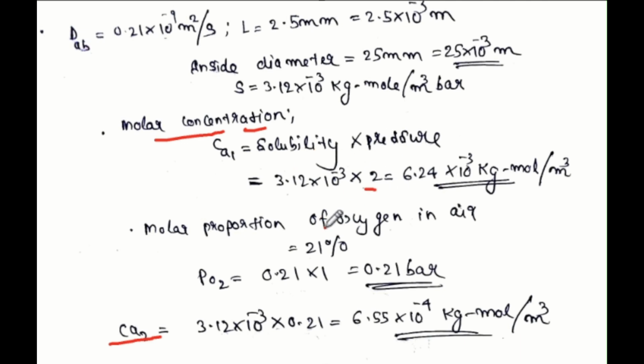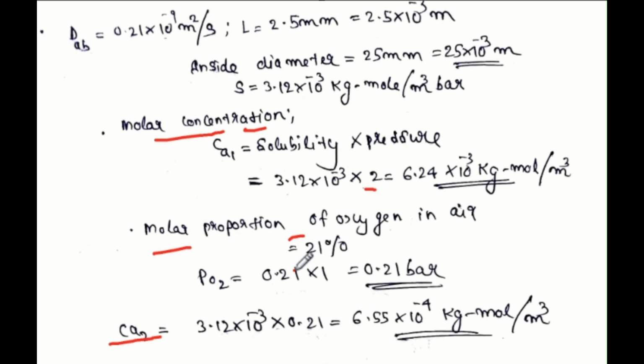So we can find the molar concentration inside the tube from solubility and pressure. But we don't have the data to find the molar concentration outside the tube, because we don't have the pressure of the oxygen outside the tube, which means the atmosphere. To find that, they have given data: the molar proportion of oxygen in air is mentioned as 21 percent.